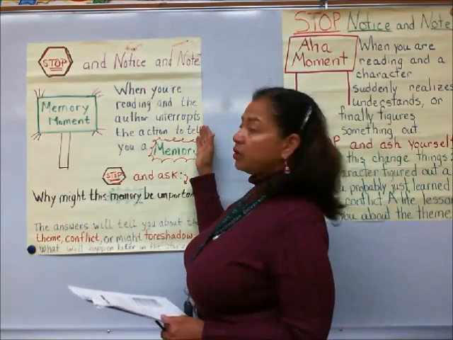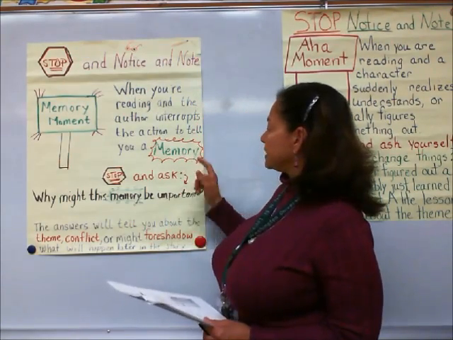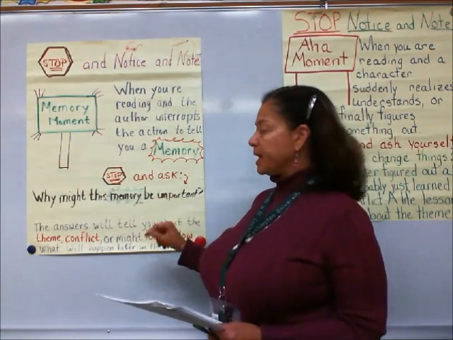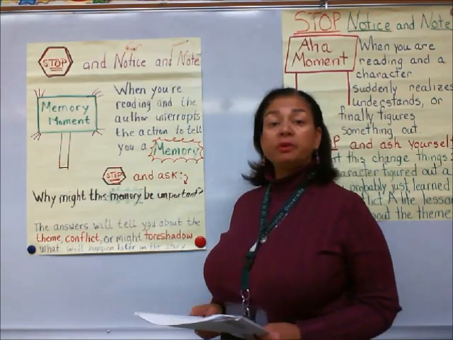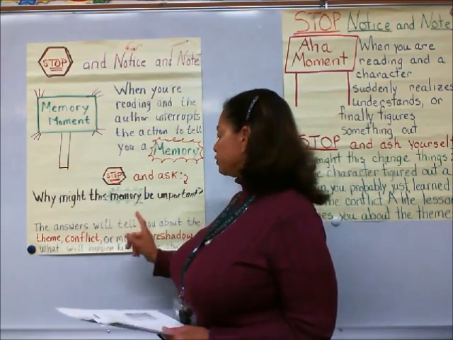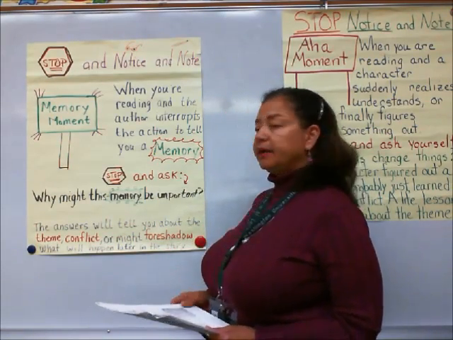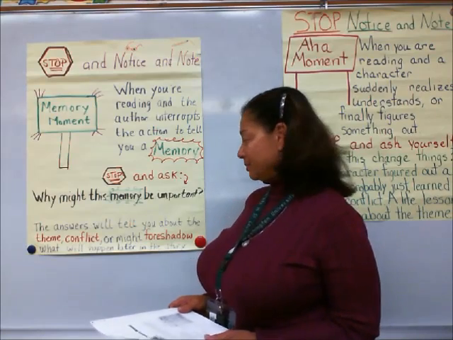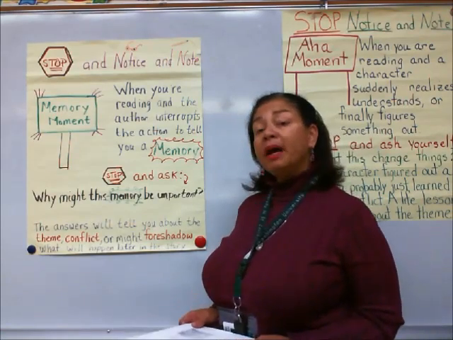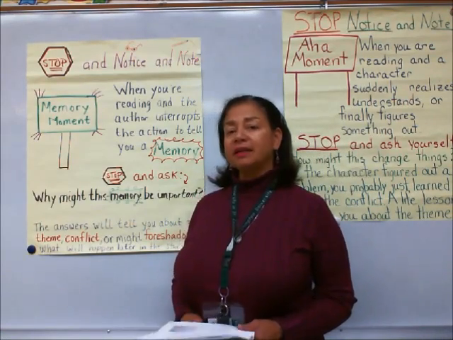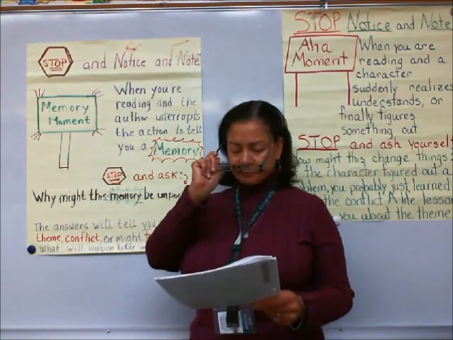When you're reading and the author interrupts the action to tell you a memory, stop and ask, why might this memory be important? And when you do that, the answers will likely tell you more about the theme, conflict, or it might even foreshadow something that's going to happen next.